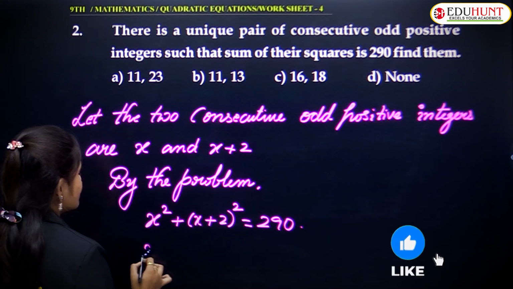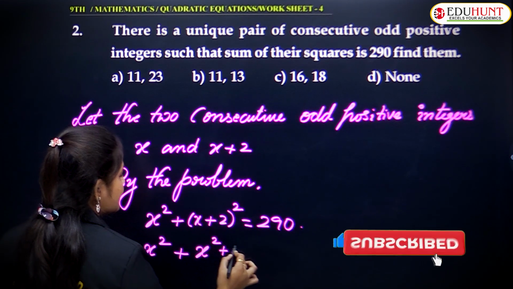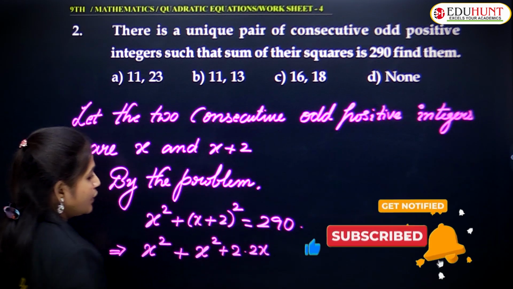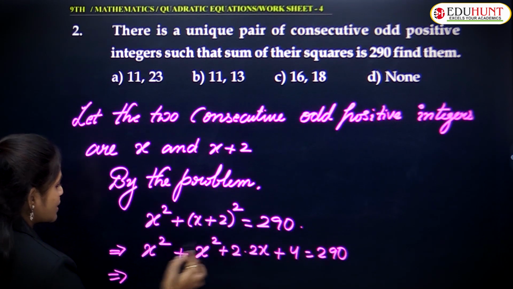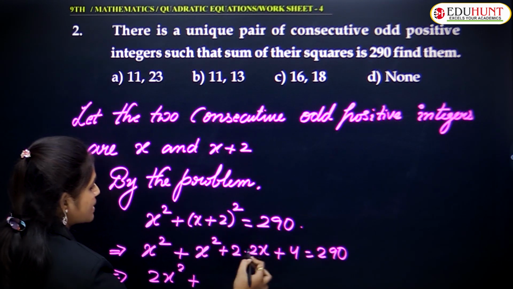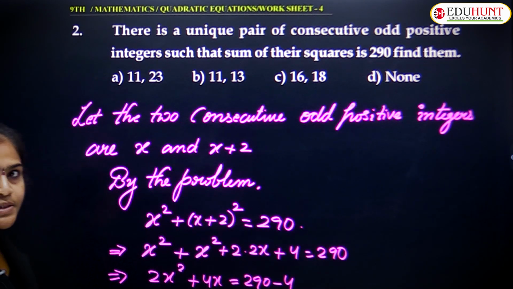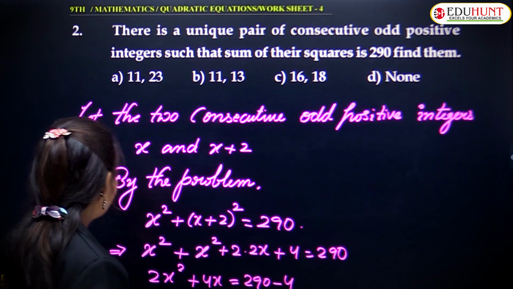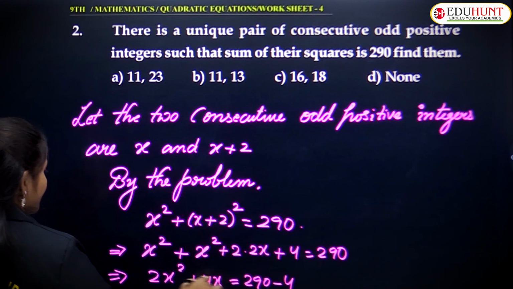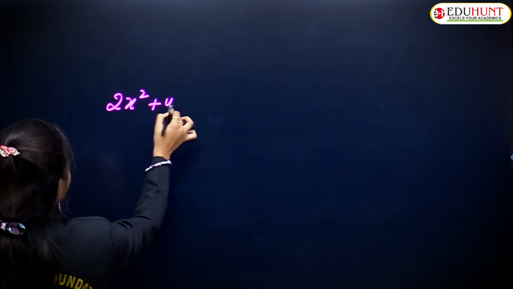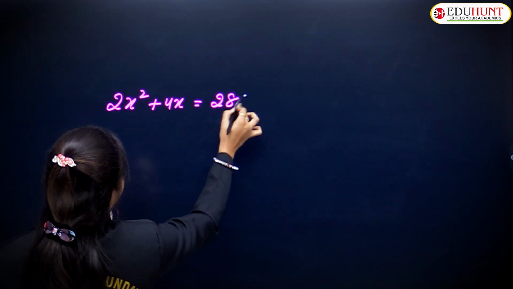The sum of their squares is 290. Clear? So x square plus (x plus 2) whole square, using a square plus 2ab plus b square, is equal to 290. From this, 2x square plus 4x is equal to 290 minus 4, which is 286.